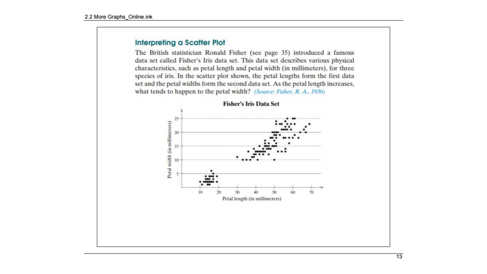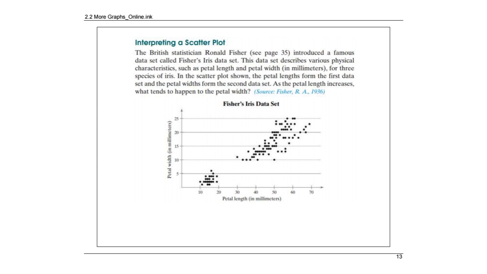Okay, so this is a famous British statistician, Ronald Fisher, and he looked at the Fisher's iris data set. So he was looking at the flowers and he looked at the petal length versus the petal width, and he was looking at this in millimeters. And so you can see by plotting his data that it does basically have an upward trend, right?